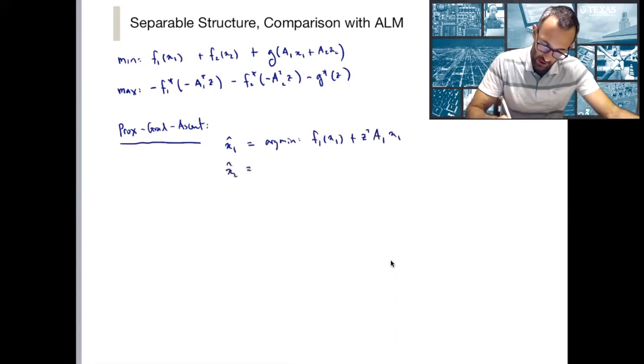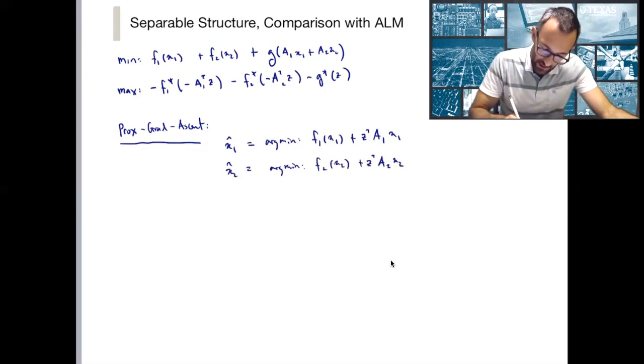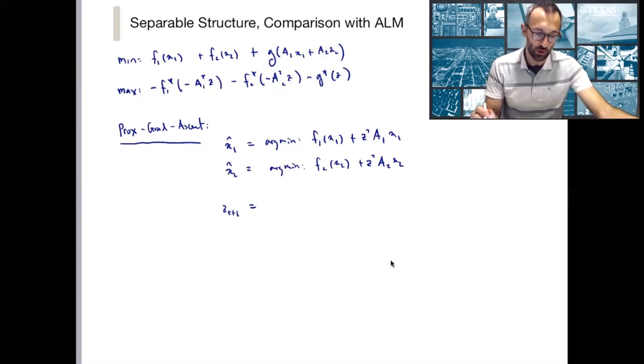x2 hat is essentially the same thing. Note that these are now totally decoupled, can be solved in parallel. Z transpose a2 x2. And zt plus 1, I'm either going to write this as prox lambda g star of what I have above, or use the Moreau decomposition.